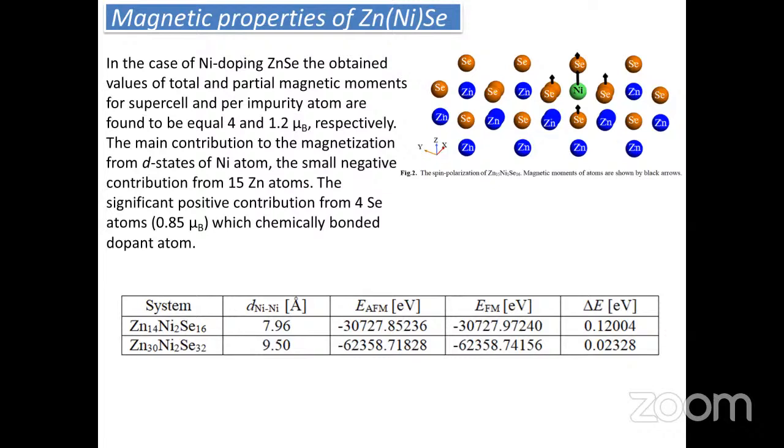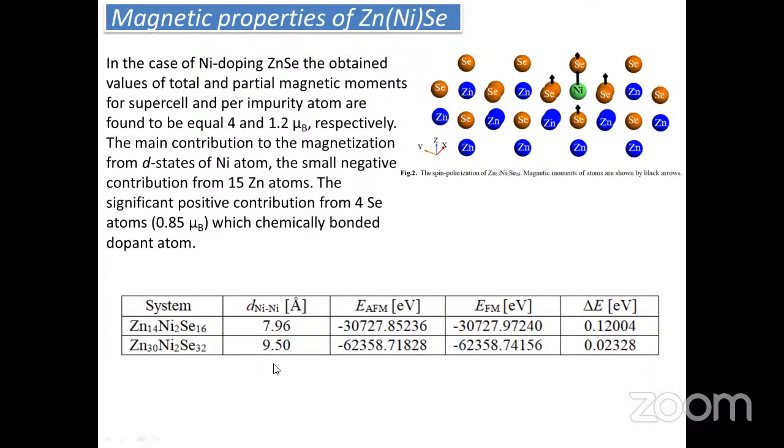The significant positive contribution is from 4 selenium atoms chemically bonded with the nickel atom. In this figure, you can see the spin polarization view for the nickel doped zinc selenide structure, and the black arrows illustrate the magnetic moments.